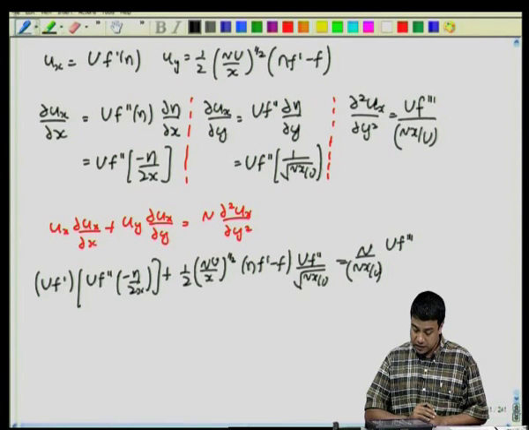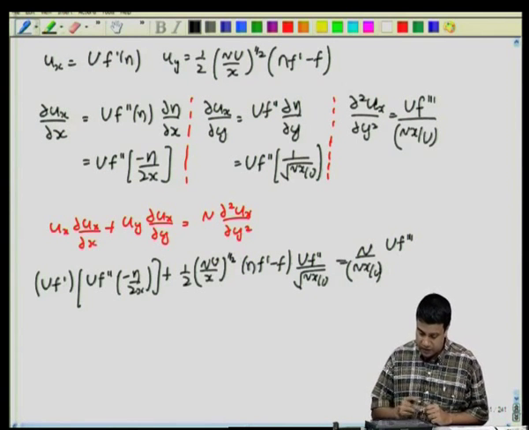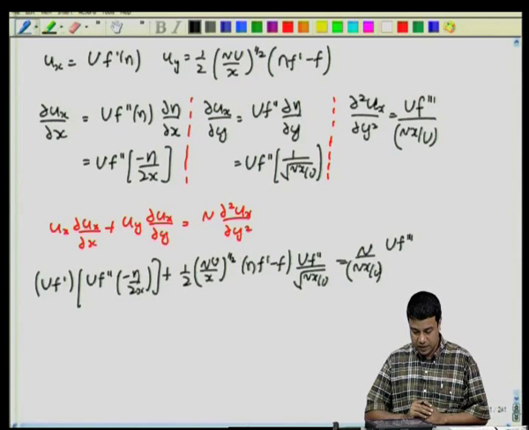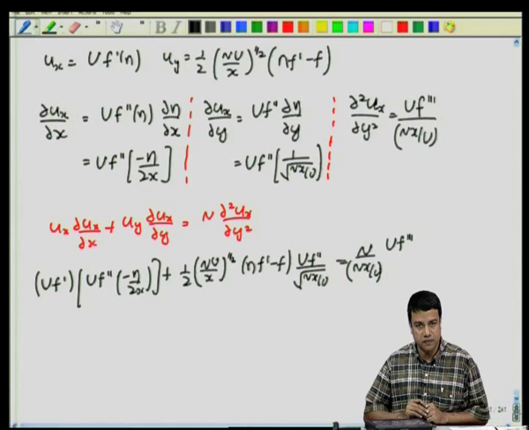And if you have done everything correct, there is a common factor of U square by x on all the terms in the equation. You can verify that each term has a prefactor of U square by x.